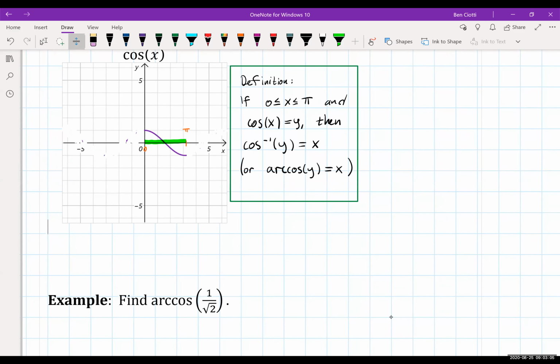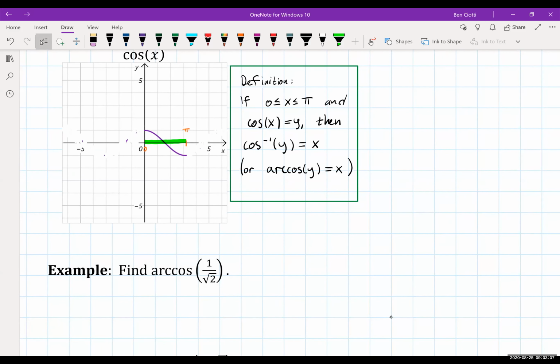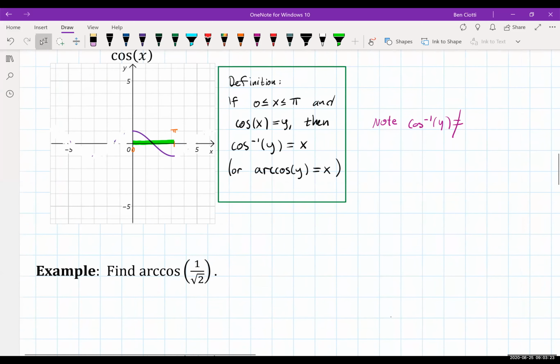So let's practice with that. And as before, once again, note cosine inverse is not 1 over cosine.